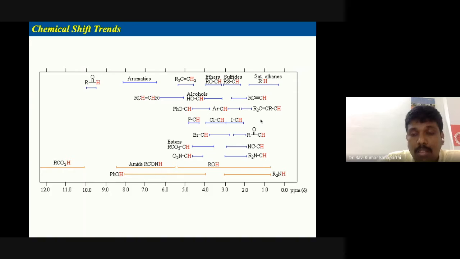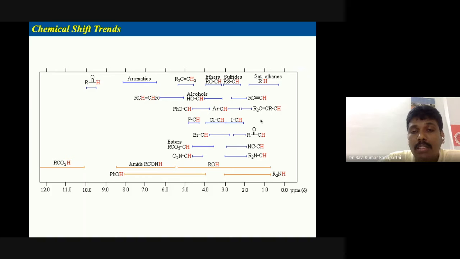If you are preparing for GATE or CSIR, not only these numbers, but the other nuclei, we have boron, silicon, chlorine, phosphorus, and of course nitrogen. At least you should have some idea of the other nuclei as well. For PG level, mostly any teacher's discussion is confined to carbon and proton.